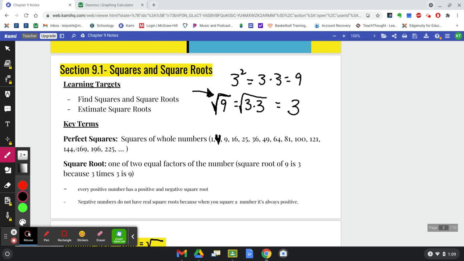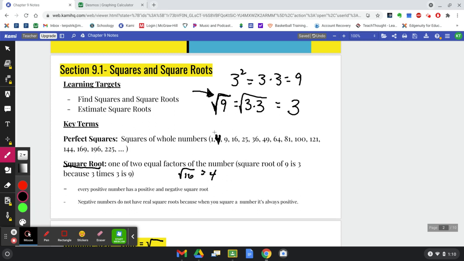Now, the term square root is one of two equal factors of the number, meaning what times itself gives me that number. So the square root of 9 is 3 because 3 times 3 is 9. The square root of 16 is equal to 4, because 4 times 4 is 16.